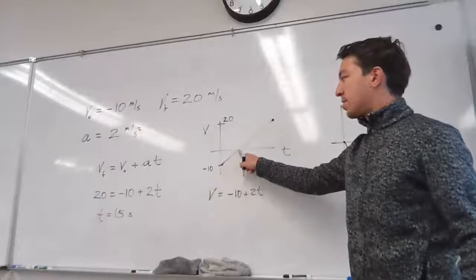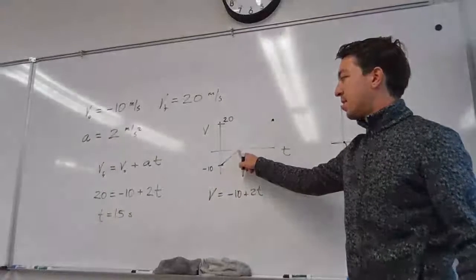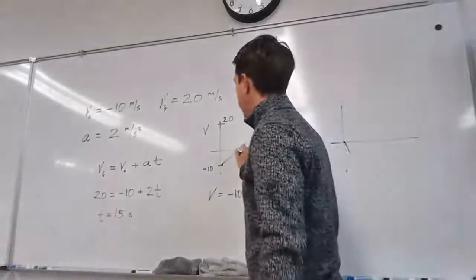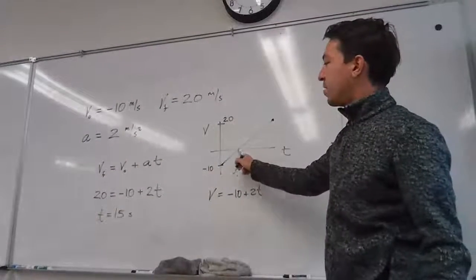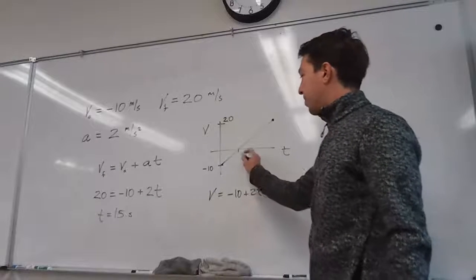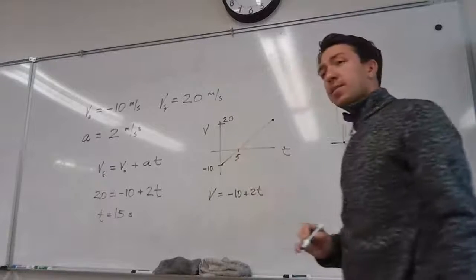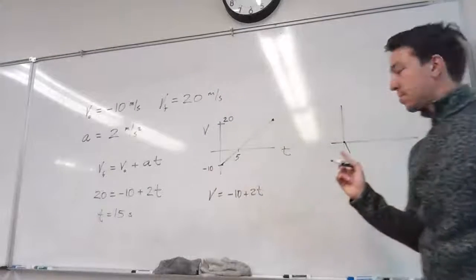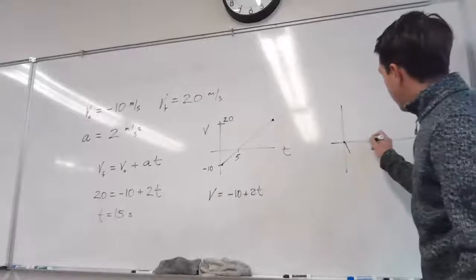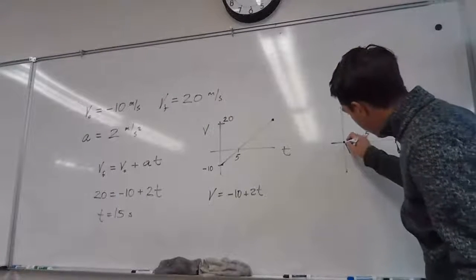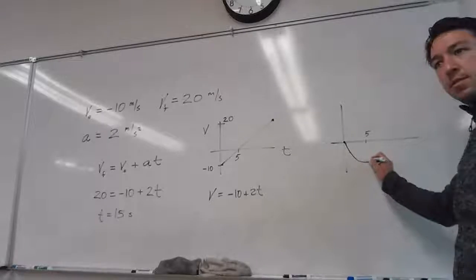Then the velocity hits 0. At what time would the velocity hit 0? Take 5 seconds. Plug 5 in there, you get 0. So at time 5, I hit my 0 velocity.